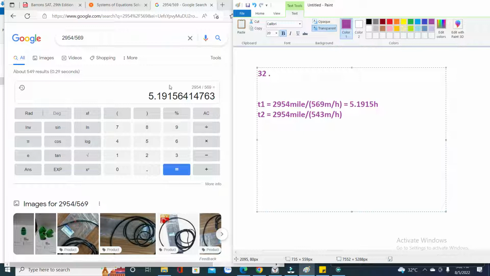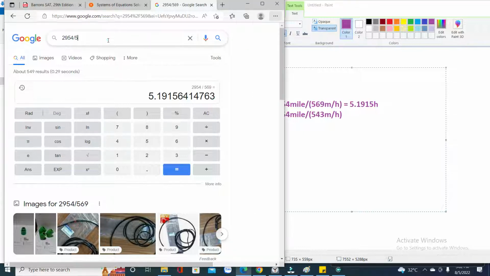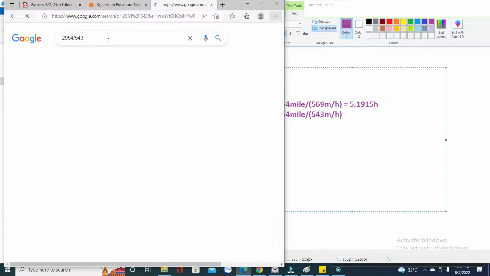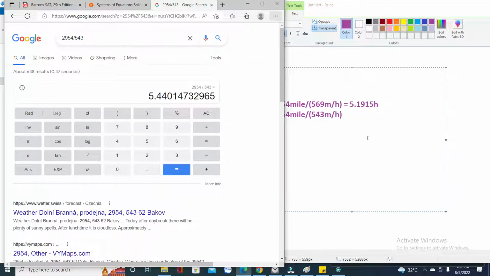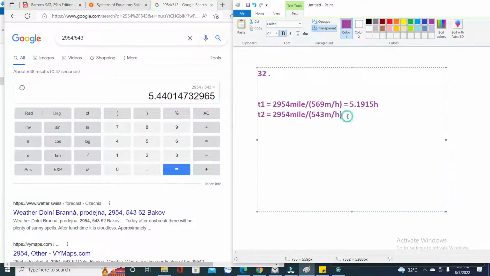And if you divide by 543, it is 5.4401 hours, and we're going to convert it to minutes.